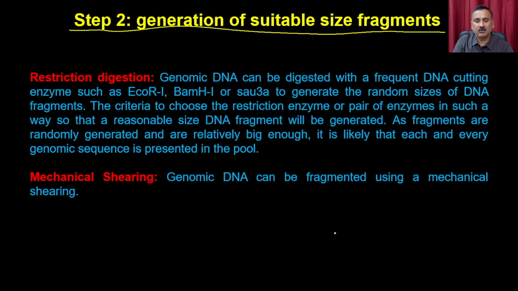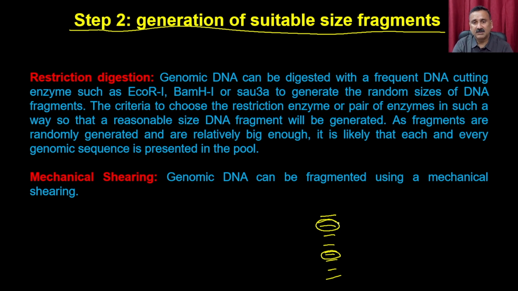So, what you want is to digest that genomic DNA so that you have small fragments, and then depending upon the binding of the probe, it will tell you that if the probe is binding to multiple locations, that means many copies of that particular fragment are present in the genomic DNA.